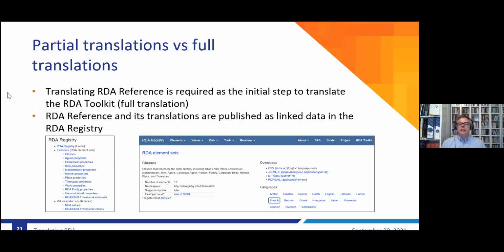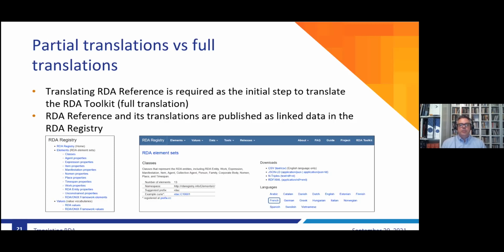Jamie already talked about partial versus full translations of RDA because, as he explained, communities interested in translating RDA have basically two options. They can choose to do a full translation of RDA, which means translating the RDA instructions in the RDA toolkit, or to do a partial translation, that is, translate only RDA reference.